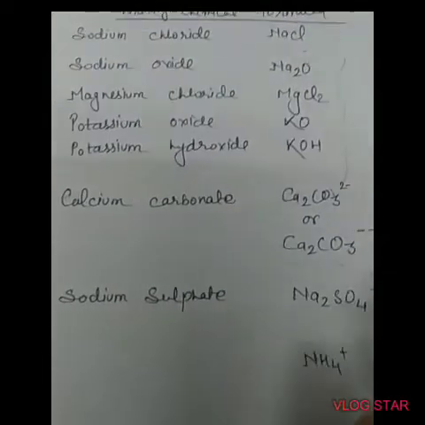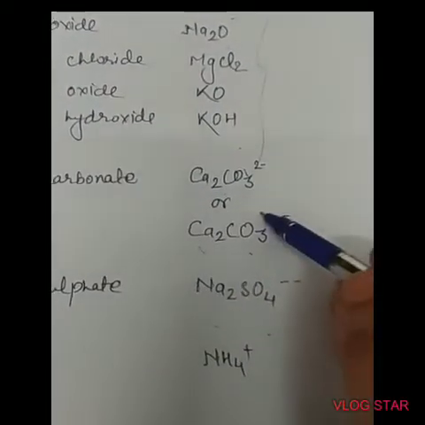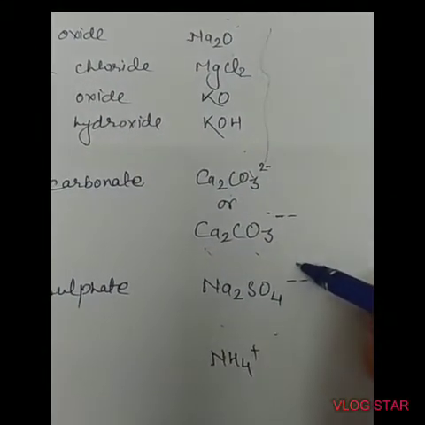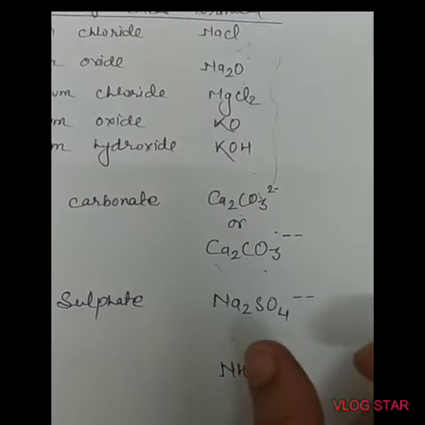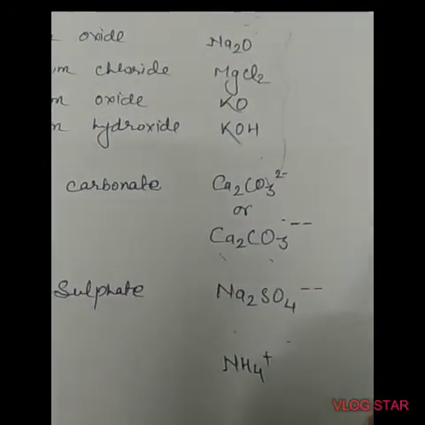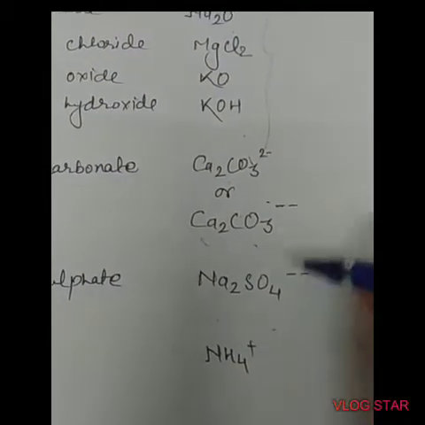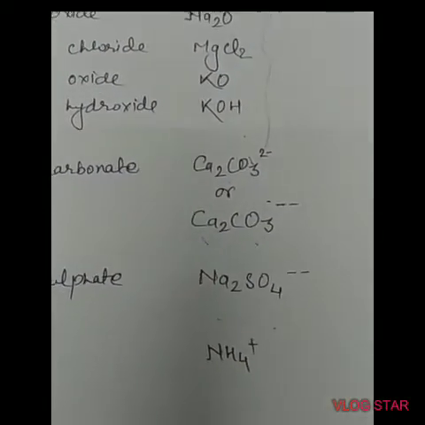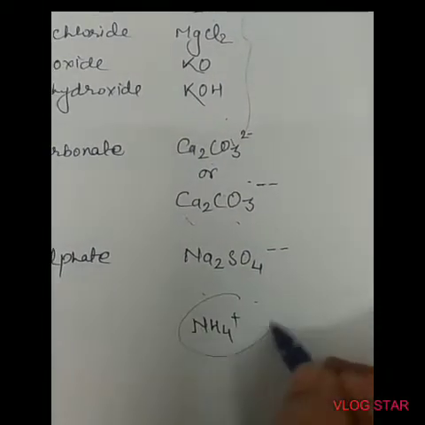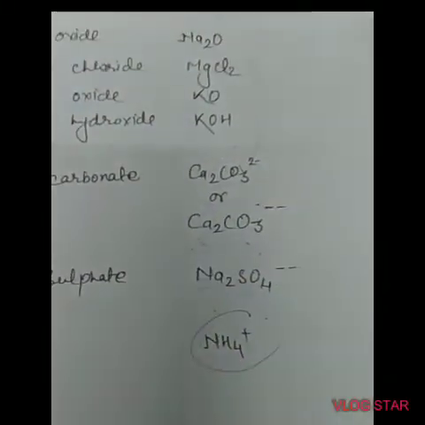Okay, so what are radicals? A group of atoms of the same or different elements combined chemically that behave as a single unit, with positive or negative charges, are called radicals. Got it? They may be positive radicals like ammonium ion or negative radicals like sulfate or carbonate.